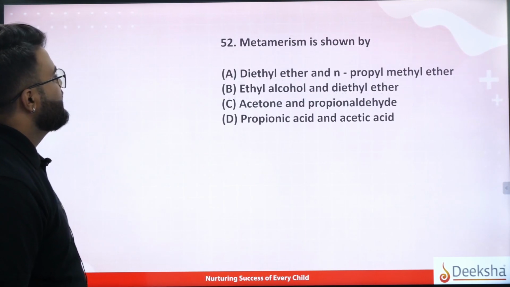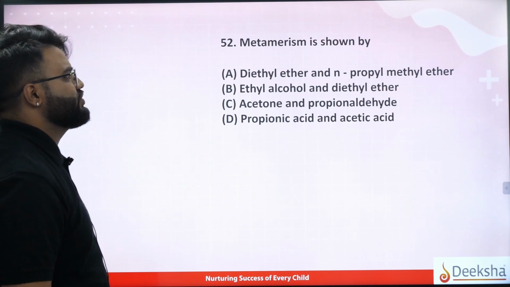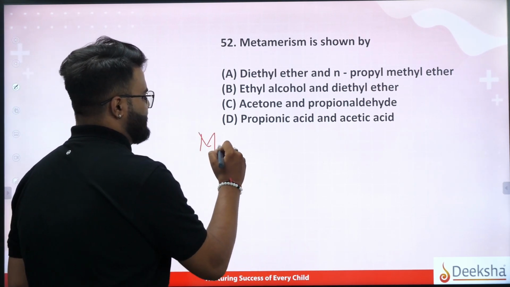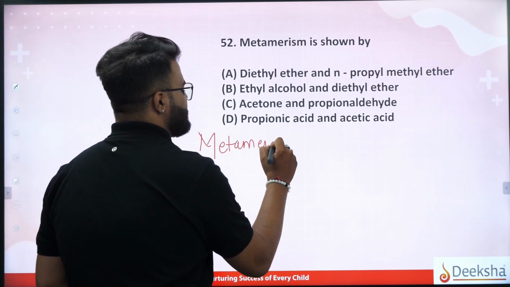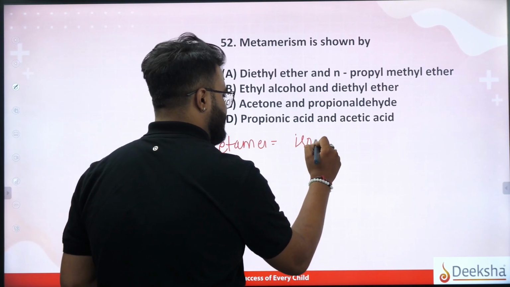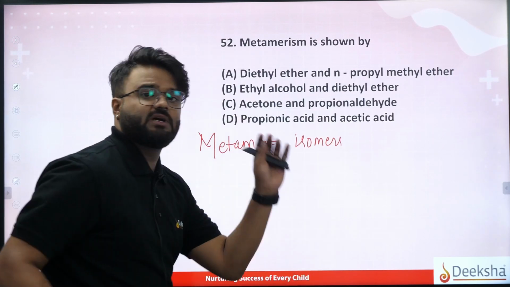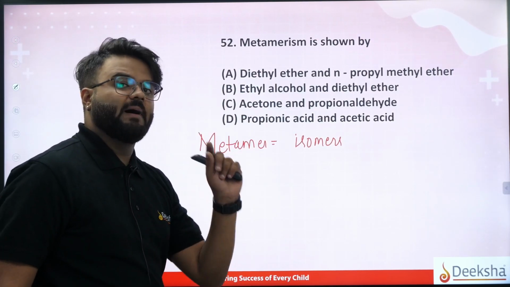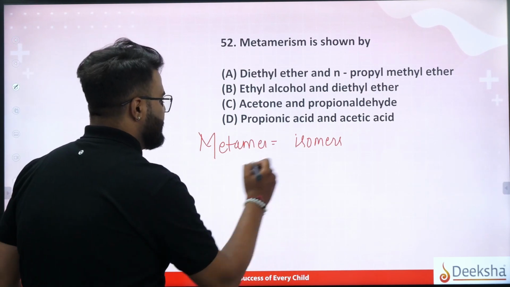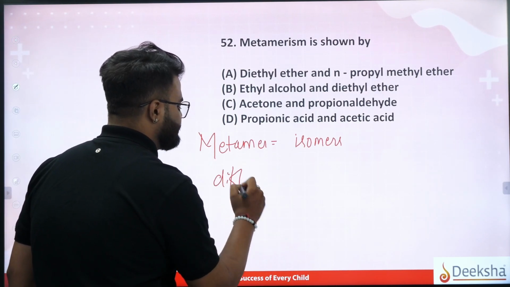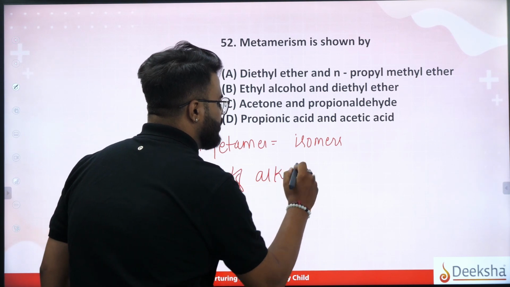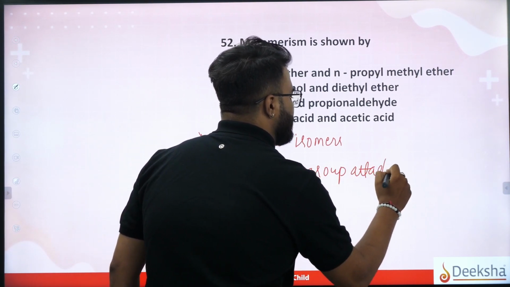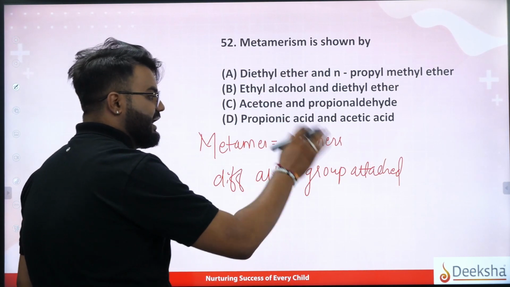Okay. Question number 52, metamerism is shown by. Guys, metamerism is nothing but your metamers. Metamers are nothing but isomers which have the same molecular formula but differ in the alkyl group attached.